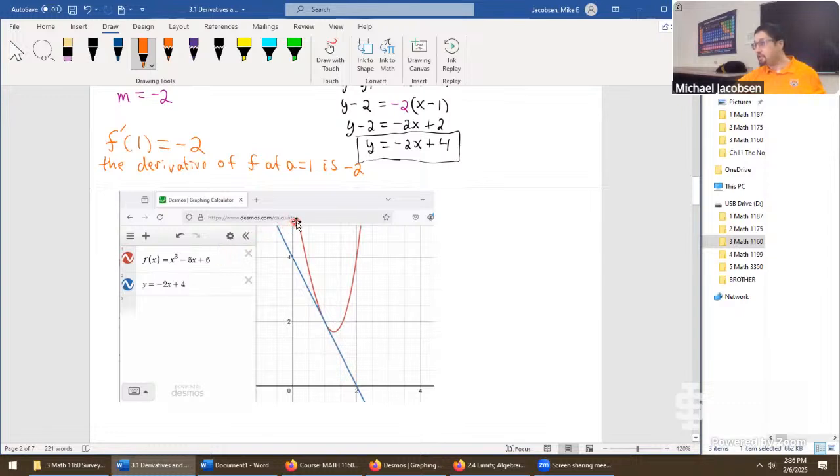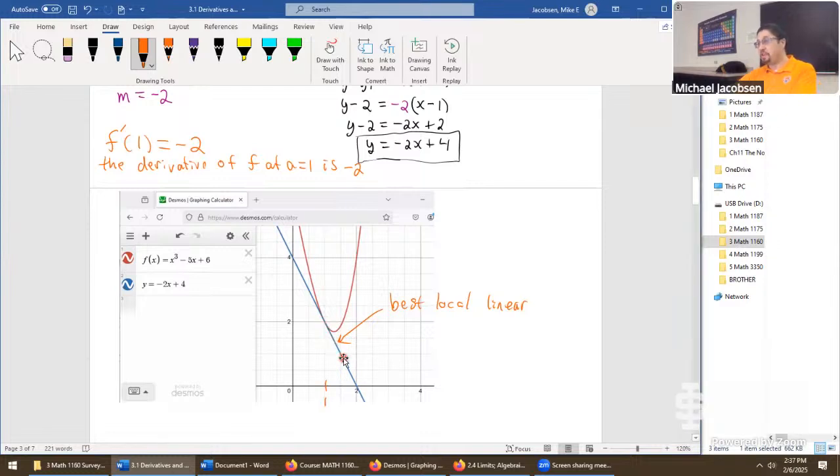Our cubic function looks more impressive than this, but we only have just a small window. But right here, we say that the derivative of f at 1 produces this tangent line, and that tangent line is the best local linear approximation, linear because it's a linear equation, local because it only works nearby 1.